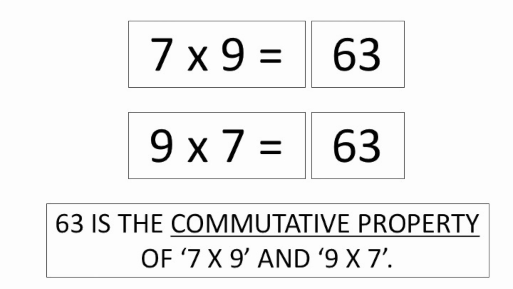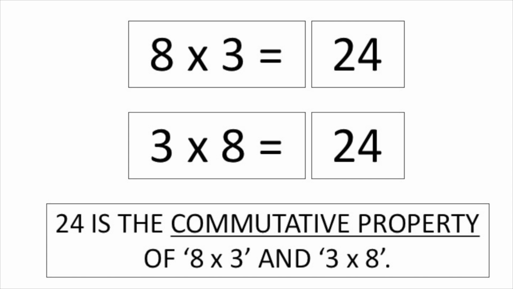So we can say 63 is the commutative property of 7 times 9 or 9 times 7. You see, whatever way we have the numbers, the answer will still be the same if it's the same 2 numbers involved. That's what we call commutative property. So let's do one more. 8 times 3.